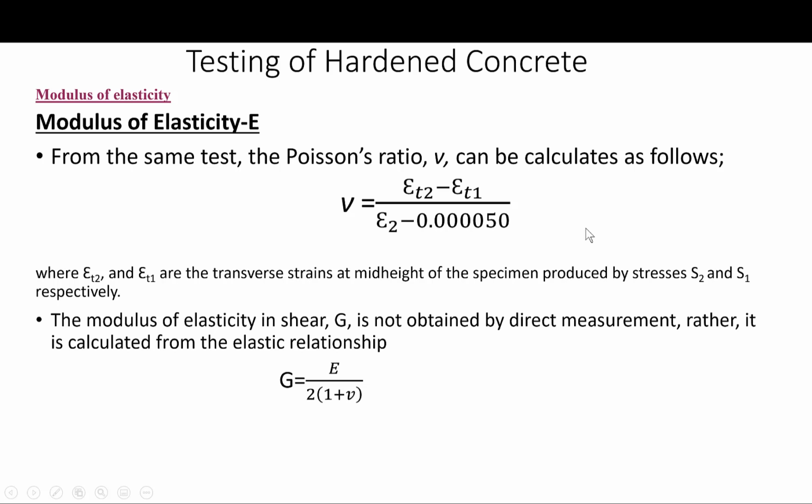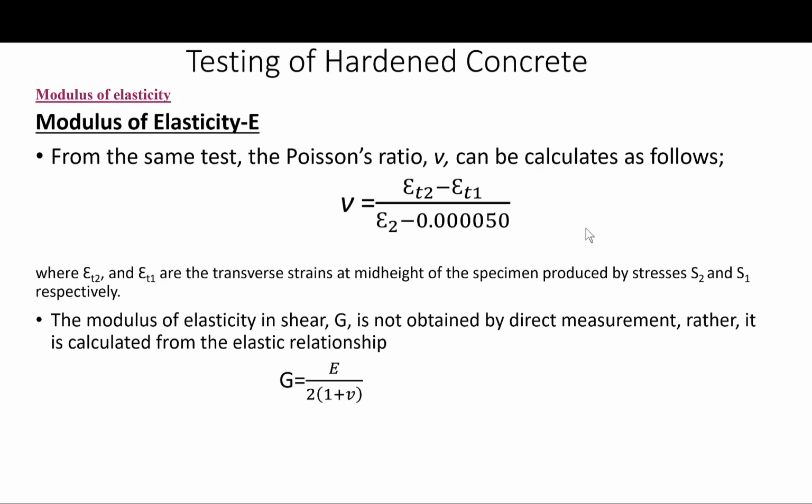The epsilon sub T2 and epsilon sub T1 are the transverse strains at mid-height of the specimen produced by the stresses S2 and S1 respectively.